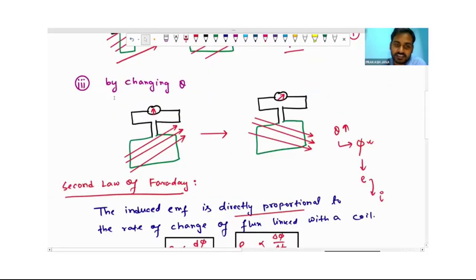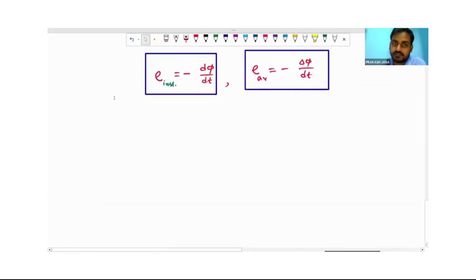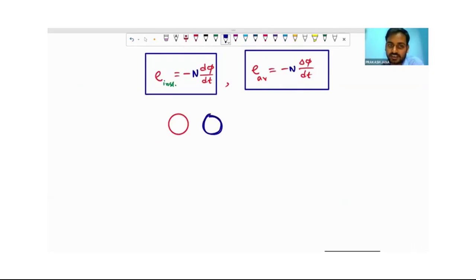This is all about Lenz law and Faraday's law, but it will be multiplied by N when there are N number of turns. The earlier formula was for a single coil, but suppose a system has N number of turns, 2 turns, 3 turns, 4 turns, then it will be multiplied by the number of turns in that system.